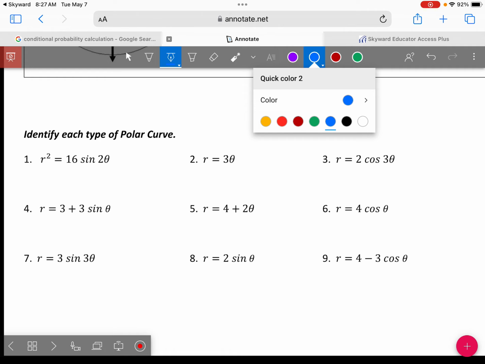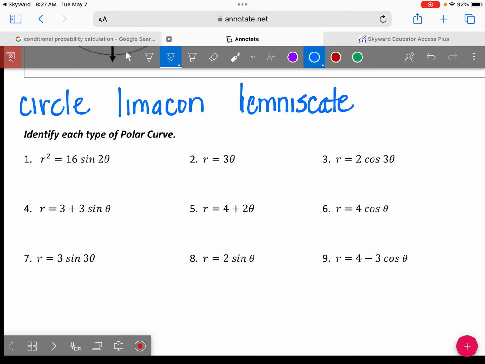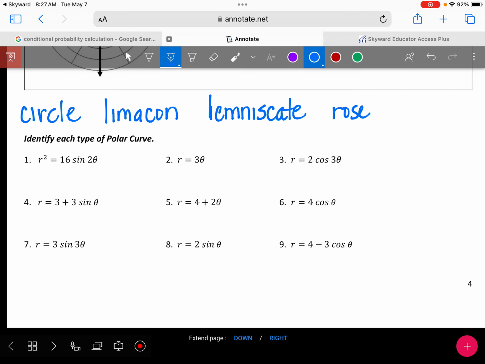We have a circle, we have a limicon, we have a lemniscate, we have a rose, and we have a spiral. Let's go ahead and match these up.